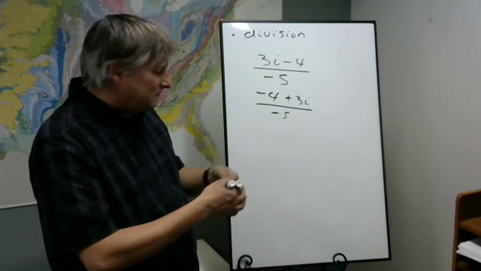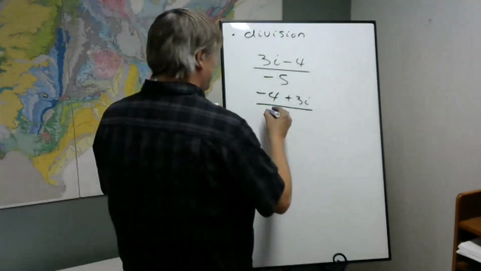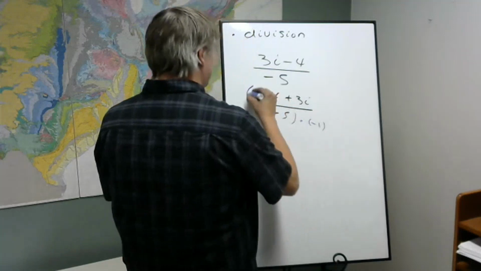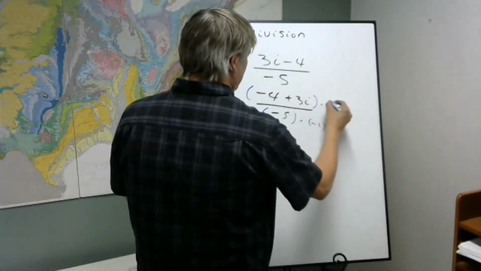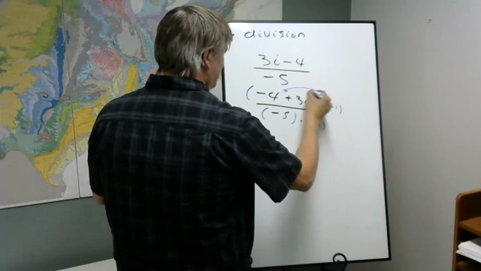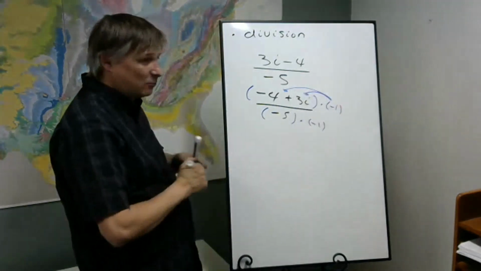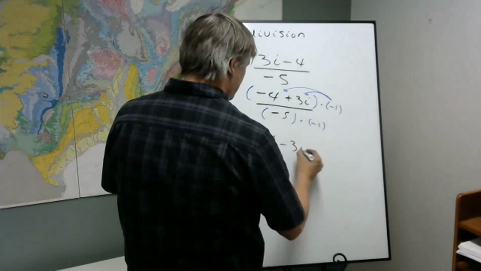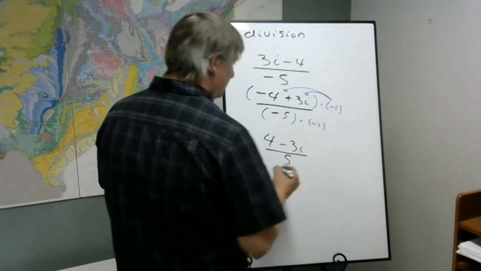So what we can do, we can take this one step further, multiply top and bottom by -1. So this will get distributed in. And what we'll get is 4 minus 3i over 5.